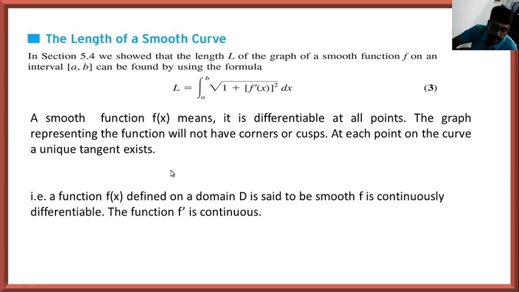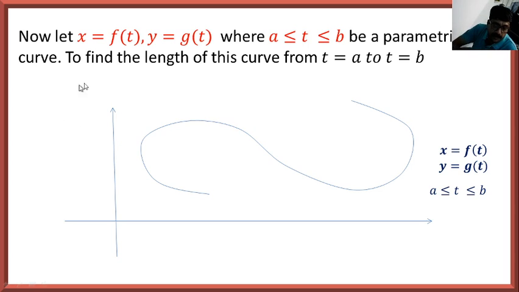A smooth curve, I already told what a smooth function is. A smooth function of x means it is differentiable at all points. The graph representing the function will not have corners or cusps. Now let us take a function which is given in the parametric form, that is x is equal to f of t, y is equal to g of t, where the parameter interval is the closed interval ab, to find the length of the curve from t equal to a to t equal to b.